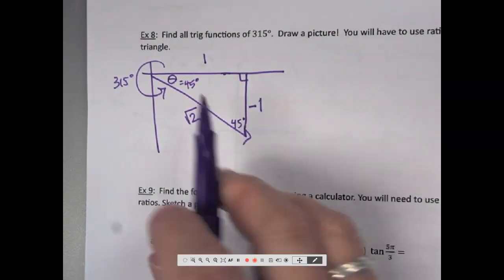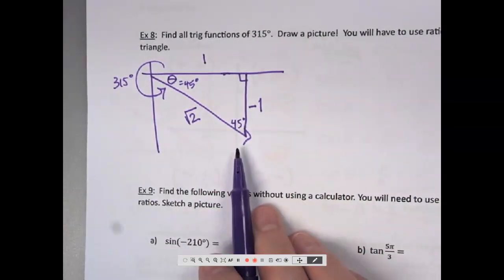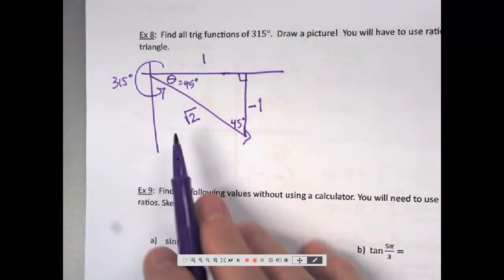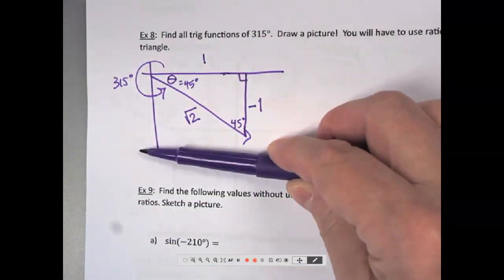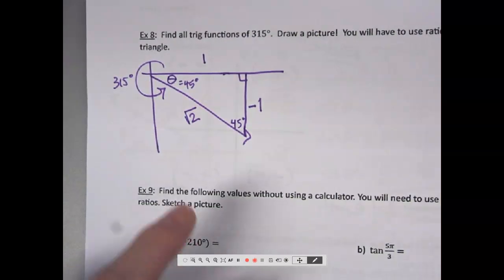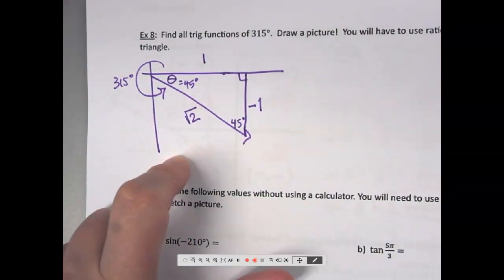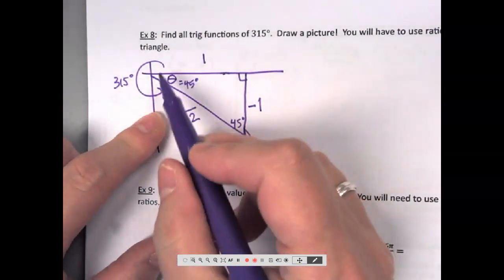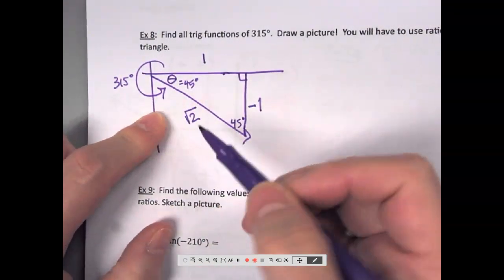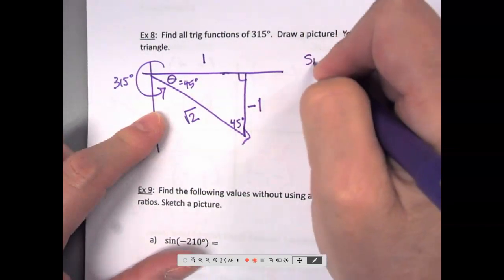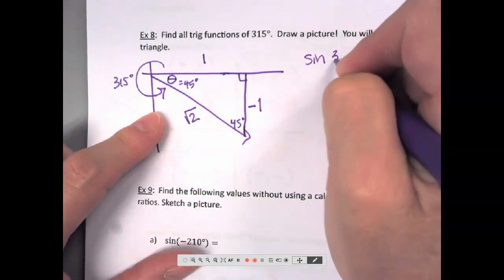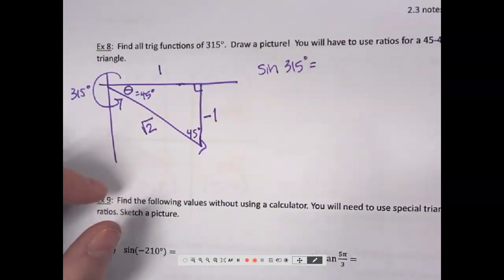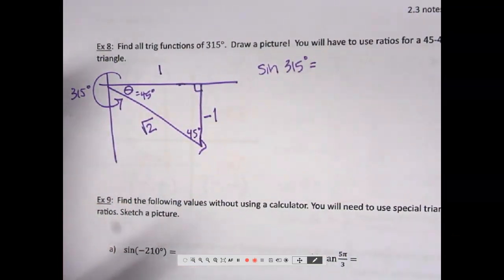I went right 1, I went down 1, so I'm going to label that as a negative, because in the fourth quadrant, y coordinates are negative. Okay, so now I'm just using those ratios, and I want all 6 trig functions of 315. So I'm going to use this reference triangle, is what we call it, to find sine of 315, cosecant, cosine, secant, all the rest of them.